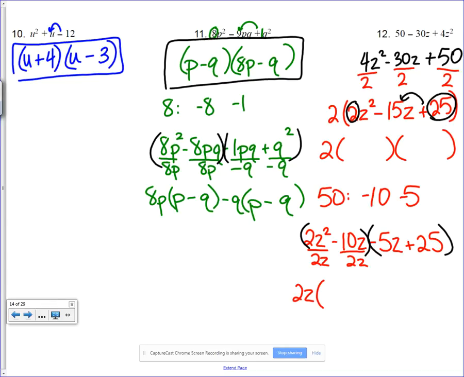Good. Start with a negative. Yep. So we're going to be dividing by negative 5 here, folks. What's left? Good. So your repeated factor is z minus 5, and your leftover factor is 2z minus 5.